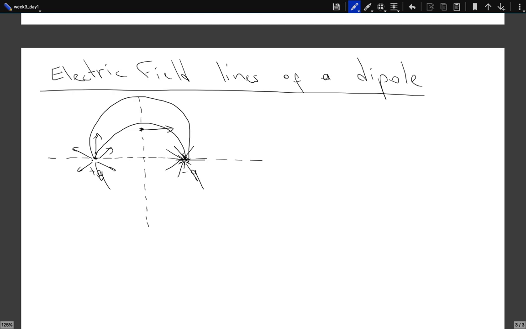Well, if I start from here, it will first go out, but it should bend towards the minus q charge. So this is how the electric field lines will look. Only the electric field line that is along this line will come from infinity.